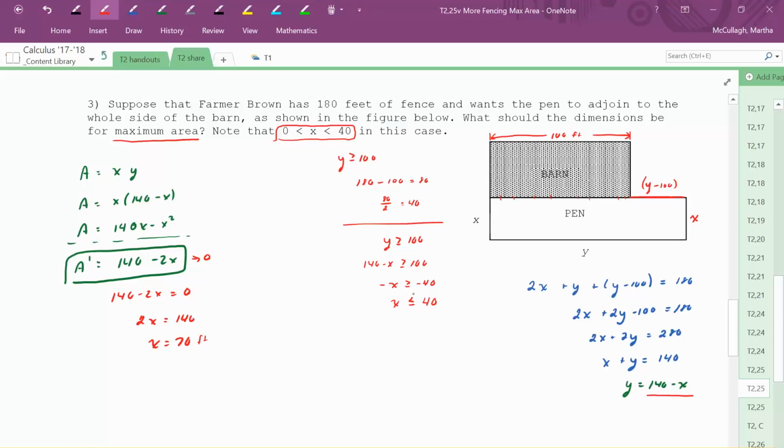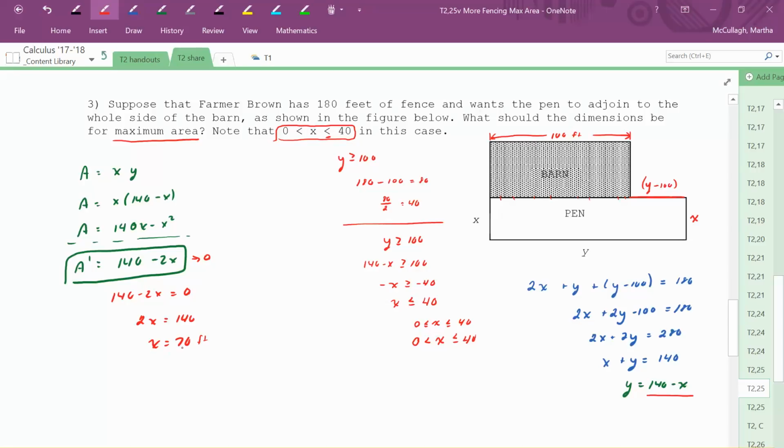Divide each side by negative 1, making sure we switch the direction of the inequality arrow. So x has to be greater than or equal to 0, less than or equal to 40. Since equal to 0 doesn't make any sense, x has to be greater than 0, but it could equal 40, so I would put an equals underneath there.